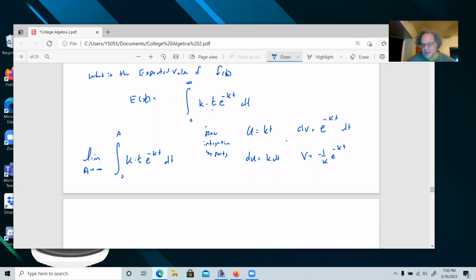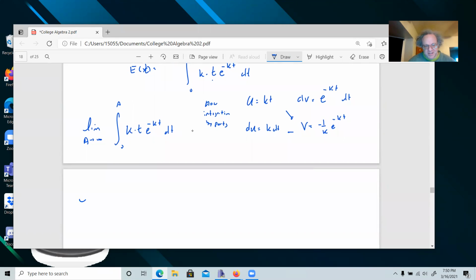All right. And now we go ahead and employ our integration by parts. So this is going to be limit as a goes to infinity. What do we have here? We have kt, that's my u, times my v, which is negative 1 over k e to the negative kt, uv, minus integral from 0 to a.